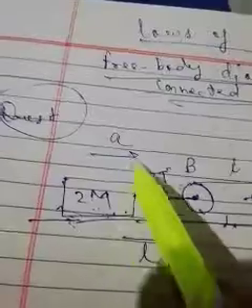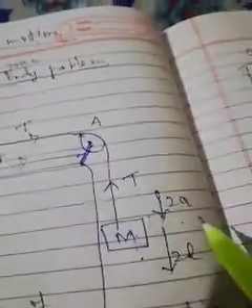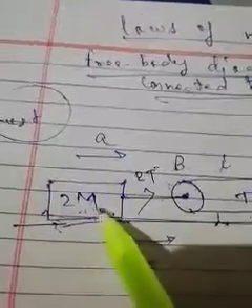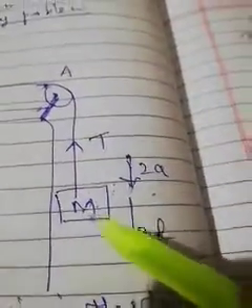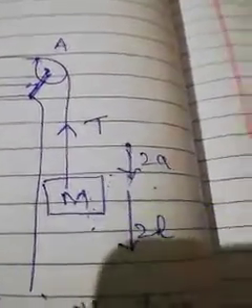So A, that means this body will move with acceleration A. And what will be the body?